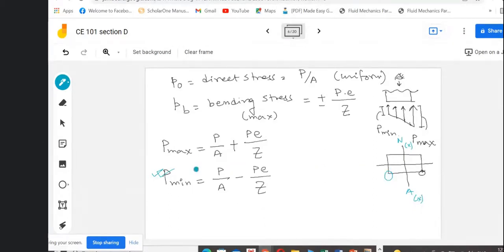And here it is the P minimum, because here the minus sign will be used, and that will be deducted from the direct stress. So this was the maximum and minimum values of the stress, but this may have three different conditions. So we will look into that part now.